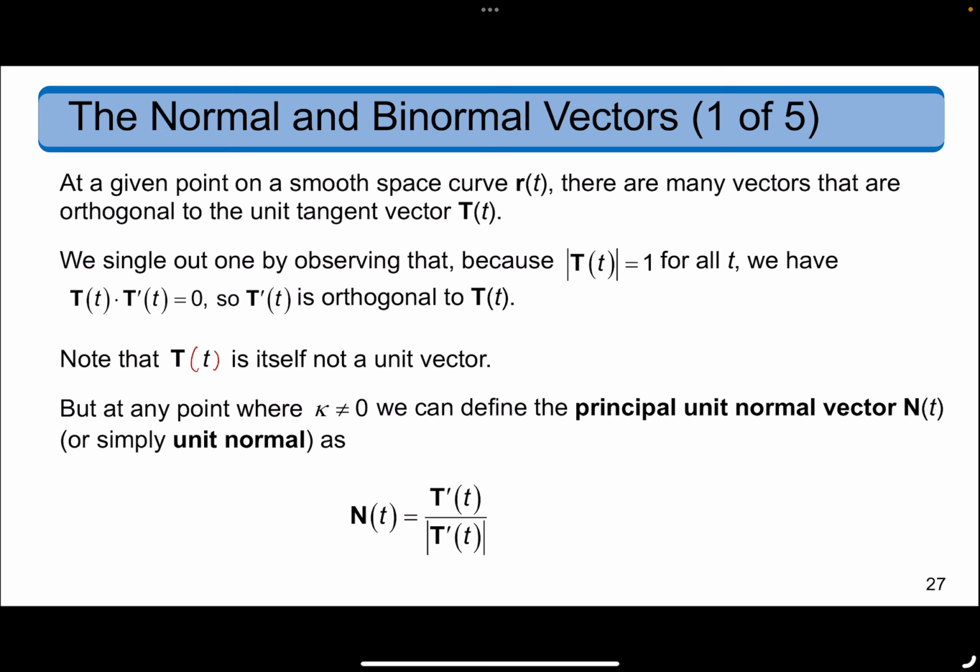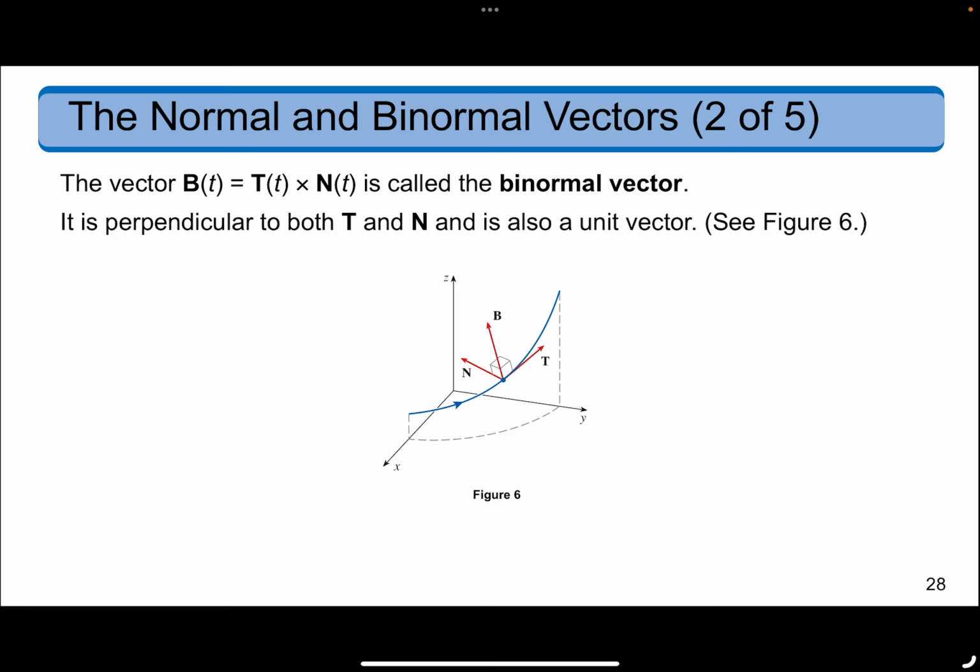But at any point where kappa is not equal to 0, we can define the principal unit normal vector N of t, or simply the unit normal, to be T prime of t divided by its magnitude. So we differentiate T of t to get T prime of t, and get the unit normal by dividing it by its magnitude.